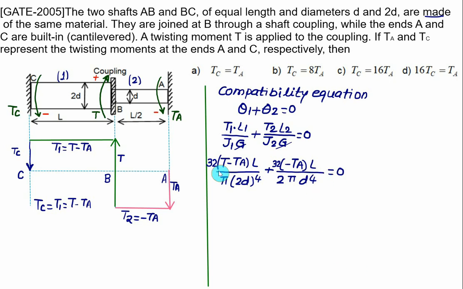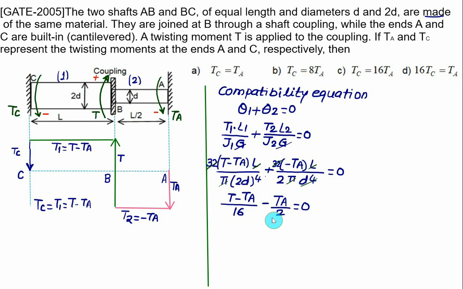Many terms will get cancelled here: 32, pi, L, and D to the power 4 also get cancelled. So we have T minus TA, 2 to the power 4 is 16, and here we have minus TA divided by 2, equal to 0.